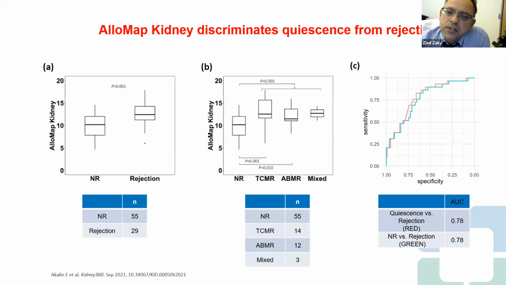But in the preliminary studies, using AlloMap helps. Maybe the AUC was 0.7 for rejection versus no rejection. If you look in the middle, normal versus TCMR, T-cell mediated, antibody mediated, or mixed rejection. So maybe if you have a score above 11.5, you can detect those by the gene expression profile.